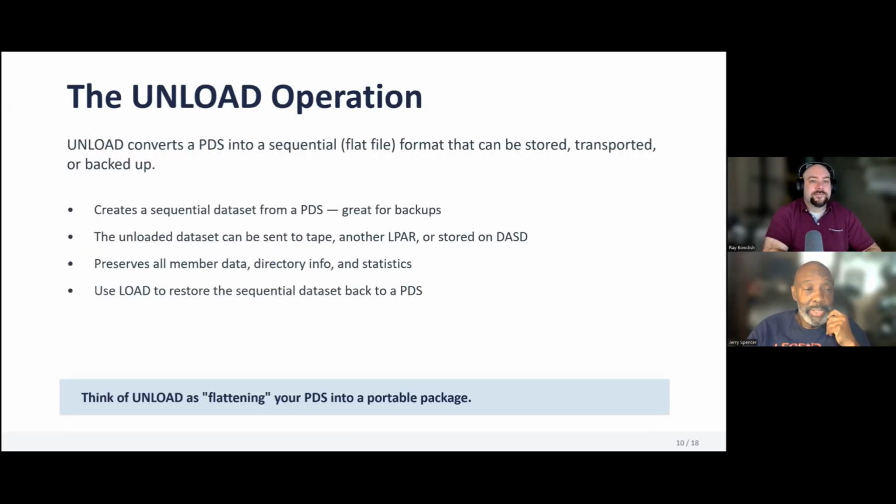All right. So I'm going to turn it over to you, Ray. All right. So yeah, the unload, as I alluded to before, allows you to take members from a PDS and unload it into a sequential file. That allows you to create backups of a member before you make big changes to it without having to copy the entire PDS to a backup member.